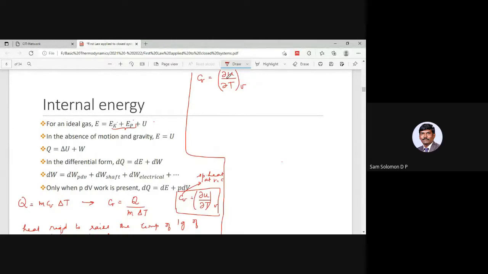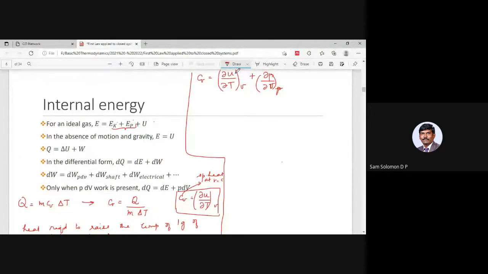See here, if I had written something else in addition, just for example, plus partial P partial T at constant temperature, something like that, then we could say that this specific heat is dependent on pressure also, and temperature also.